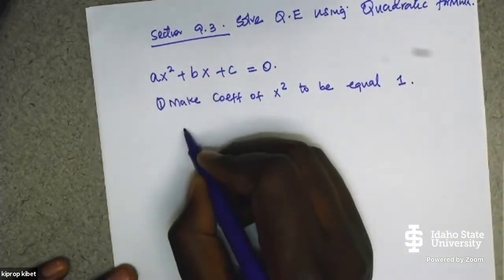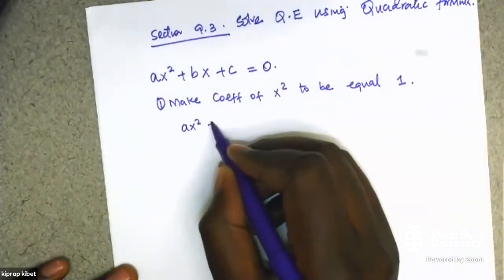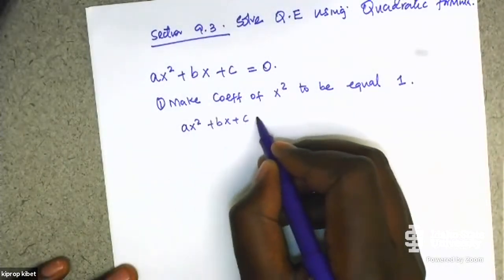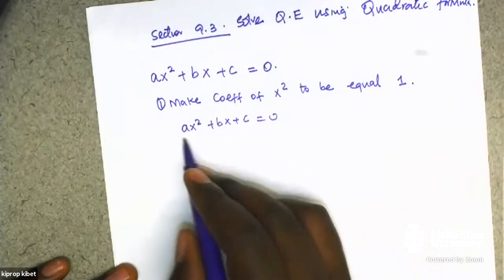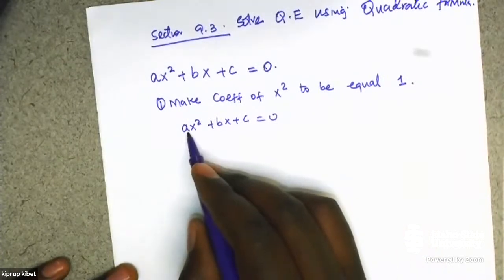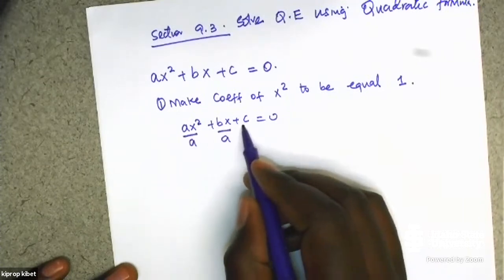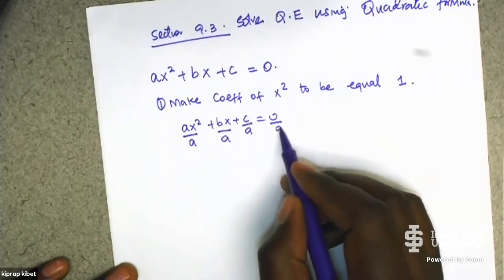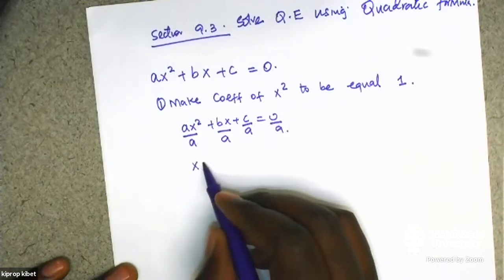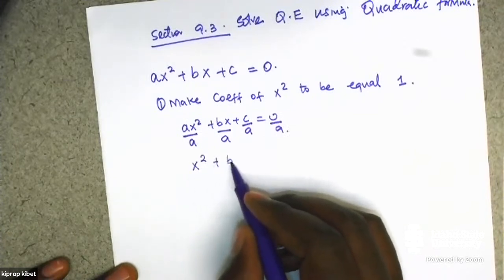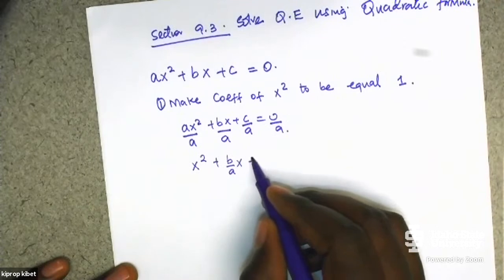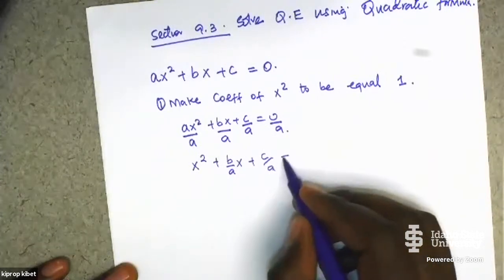In this case, we have ax squared plus bx plus c equals 0. So to make this coefficient equal to 1, we divide all sides by a. So you get x squared plus b over a x plus c over a equals 0.